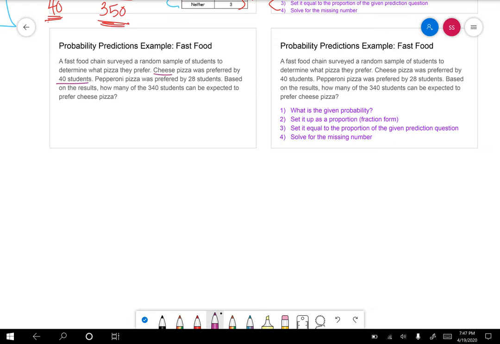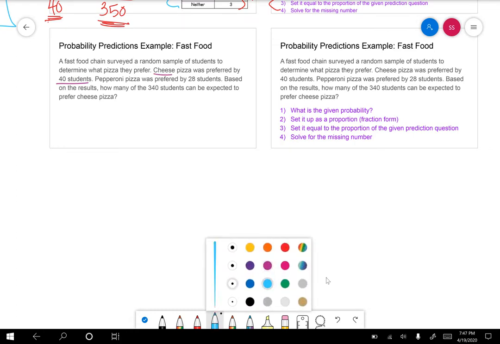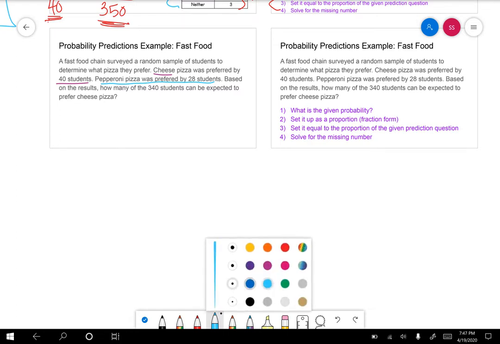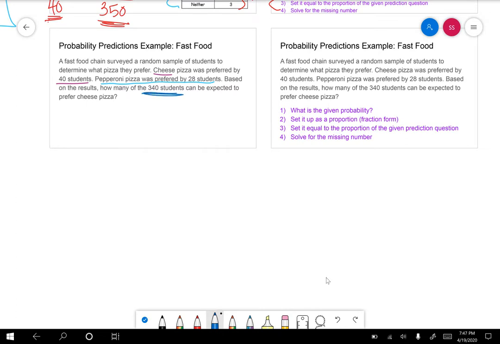So cheese is 40. And pepperoni was preferred by 28. So there's two different numbers there. Based on the results, how many of the 340 students can be expected or predicted to prefer cheese pizza?